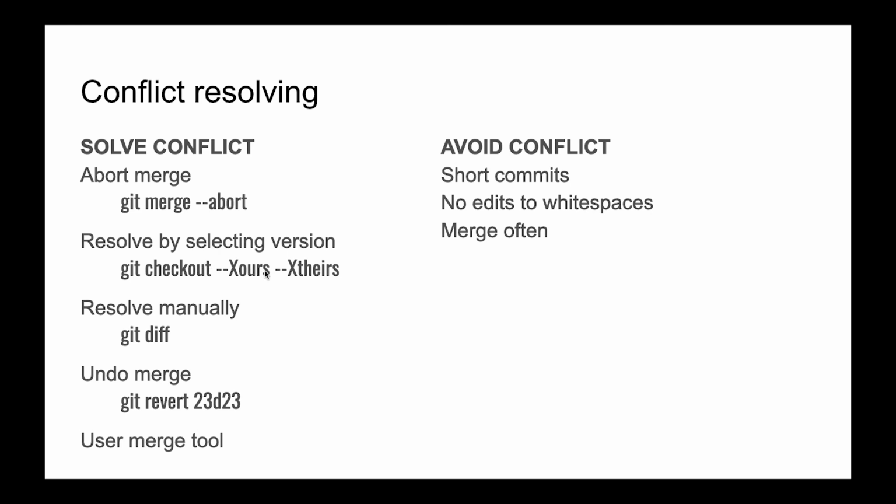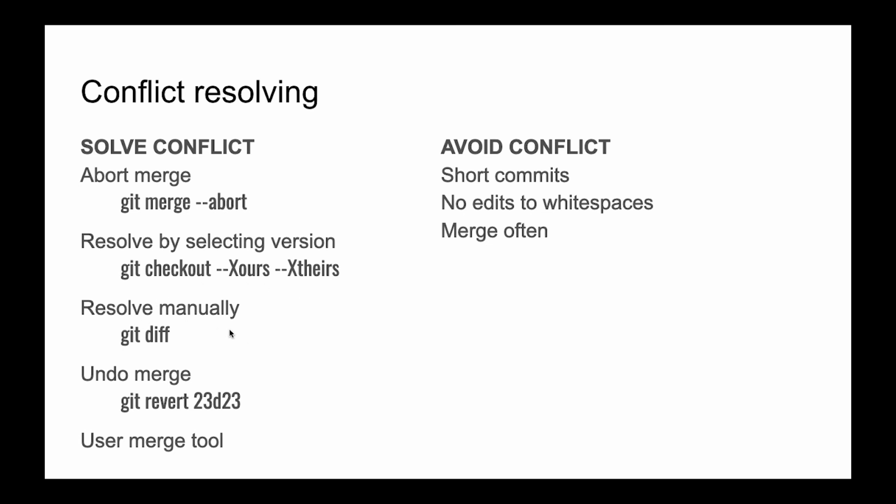For example, if you merge another branch and you know that in this branch everything was fixed, you can use git checkout with --theirs and your changes will be removed, or you can use --ours, just your version, and everything else will be deleted.